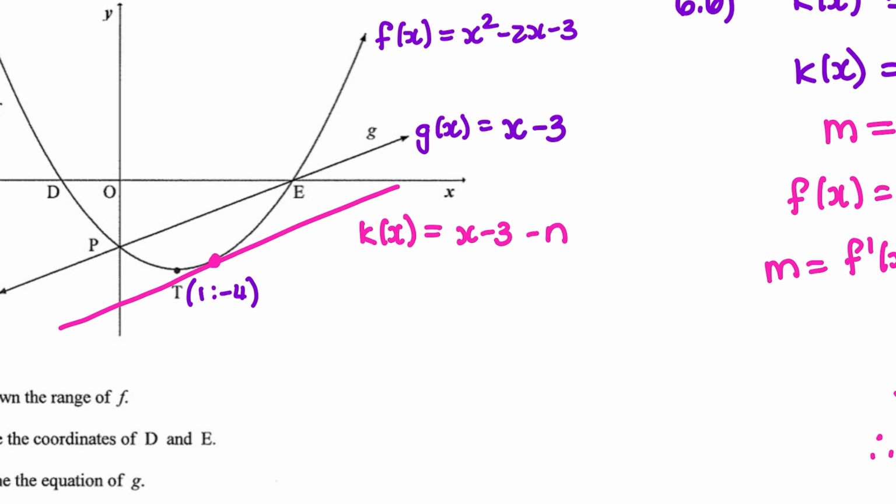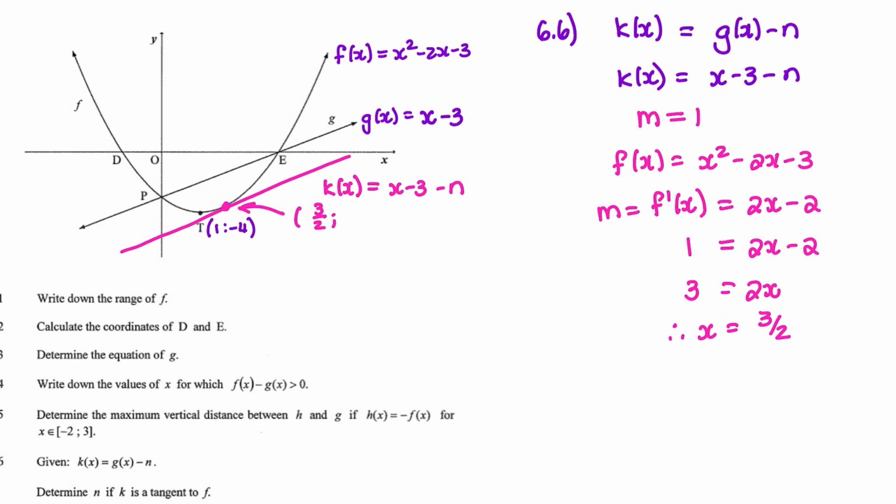So at this point of intersection of k to the graph of f, we have x is equal to 3 over 2. Now I need to find the y value. So in order to find the y value, I can use the equation of f(x) and substitute that x value in the place of x in this equation.